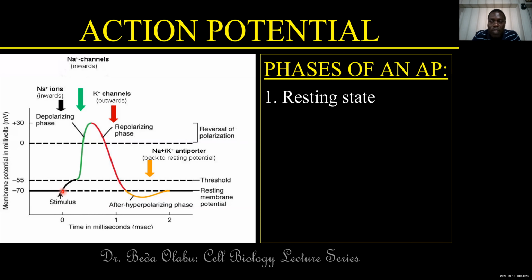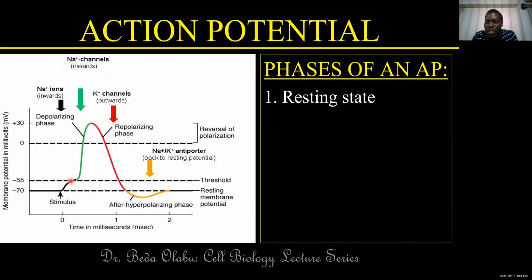If you have a graded potential that disturbs the membrane polarity, and that disturbance reaches a particular threshold. In this case, from this diagram, the threshold seems to be 15 millivolts. The difference between 70 and 55 is 15 millivolts.